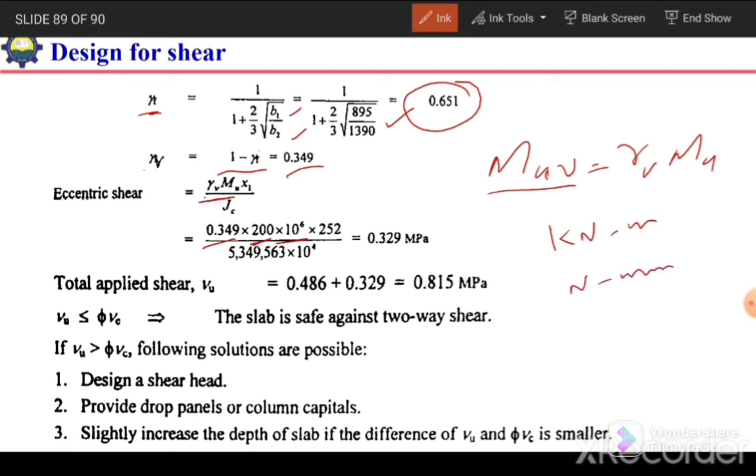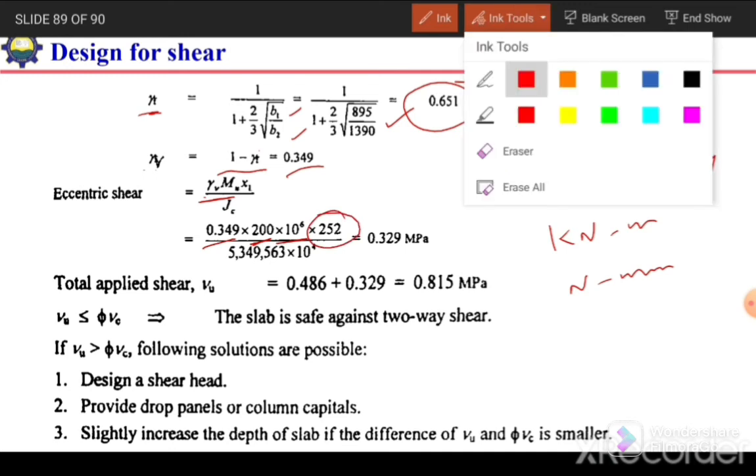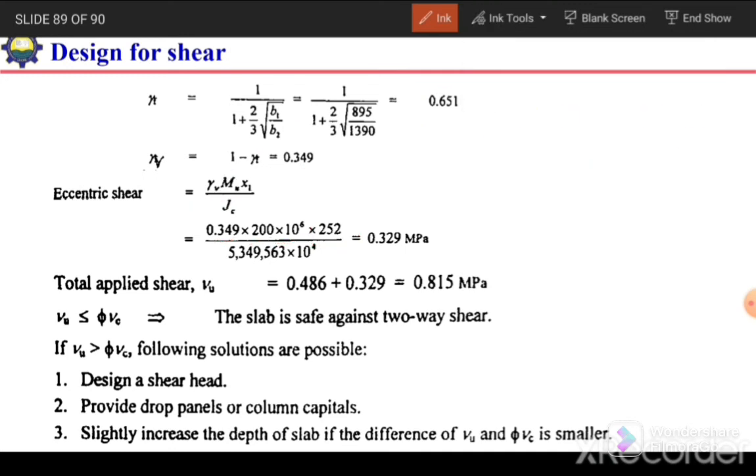X1 we calculated in the previous slide, which is 252. JC is also given, with unit millimeter to power 4. After substituting the values and calculating, we get the eccentric shear stress, which is 0.329.